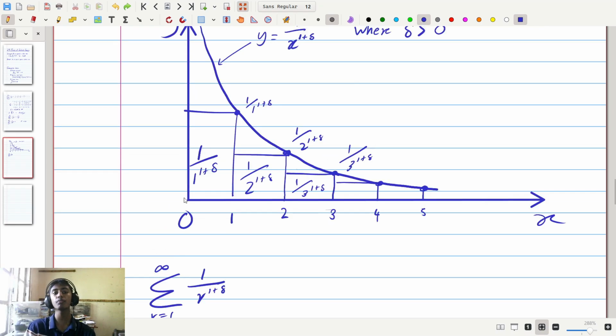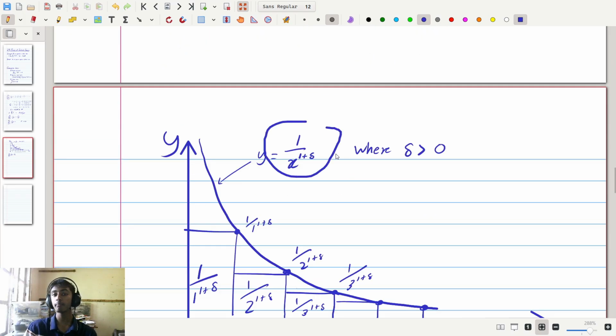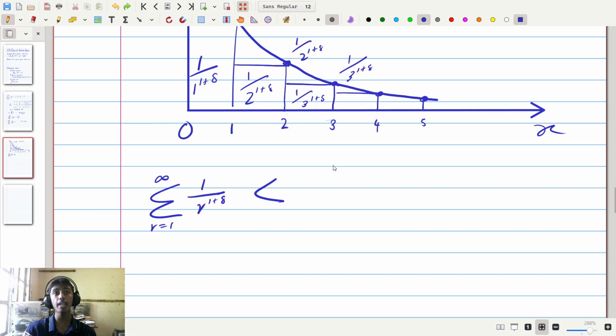So I'm going to put a less than sign here and say that this sum is less than the integral of this graph, which is the integral from 0 up to infinity of 1 divided by x to the power of 1 plus delta dx.